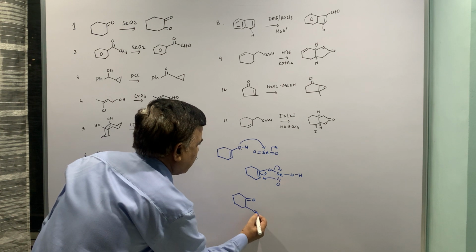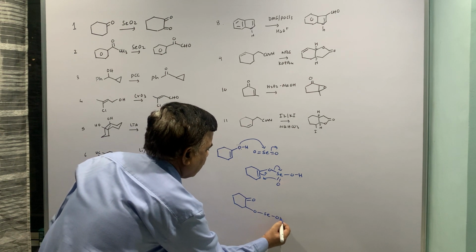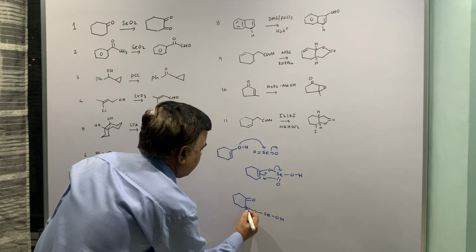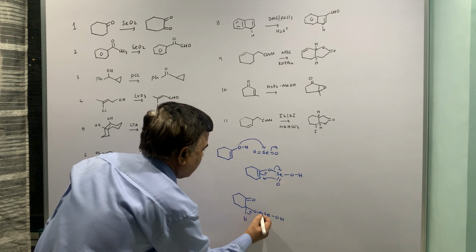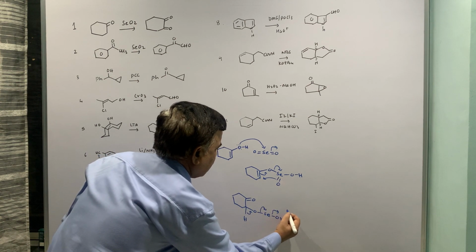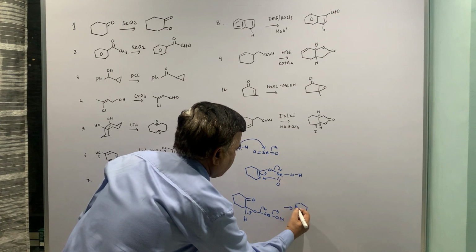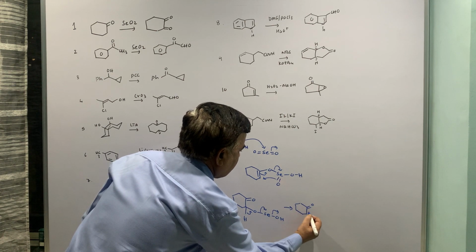Double bond is written, you get OAc, OH, and finally loss of this entity gives you the 1,2-diketone.